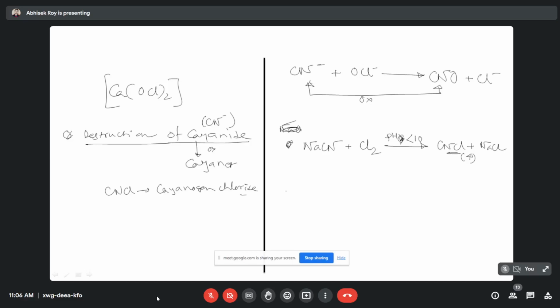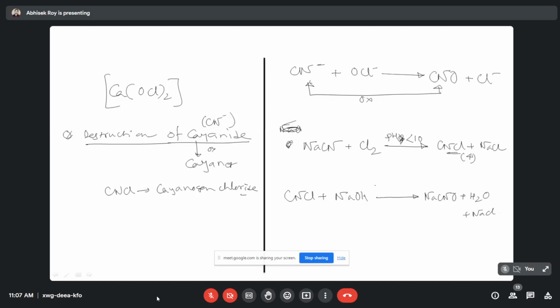So what will happen? This CNCl under caustic condition, that means when the pH is greater than 10, with NaOH or with OH minus, will react and form NaCNO plus H2O plus NaCl.